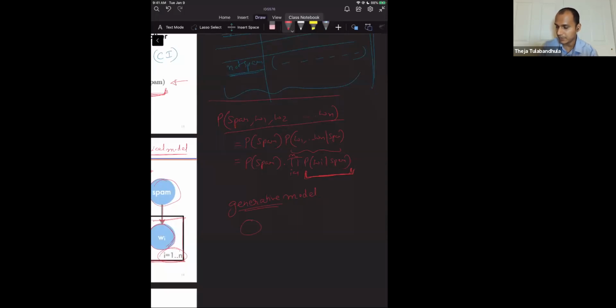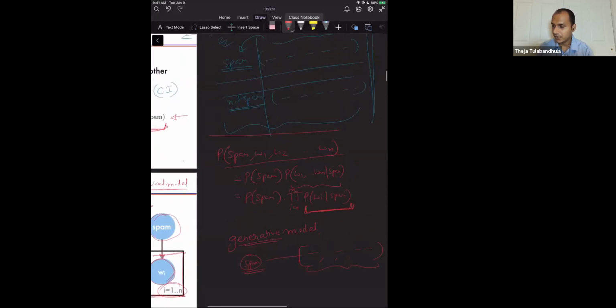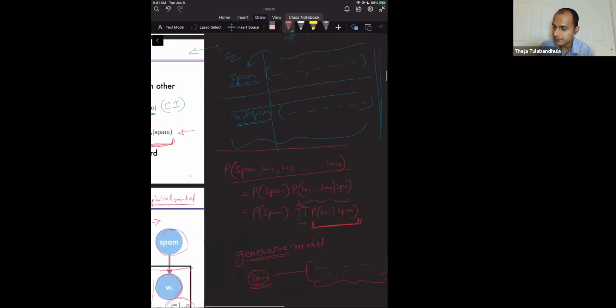Once we evaluate spam, and if spam is equal to 1, then we can generate a particular email, which is just a collection of words in our representation, if spam is true. So we can generate a particular example instance when spam is true. Here, these are all words. These are all dashes here.